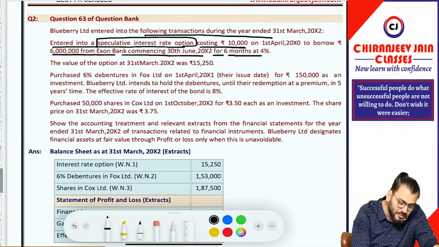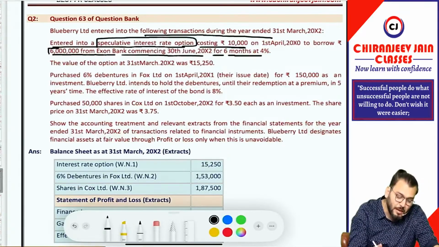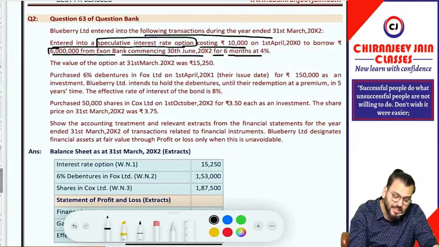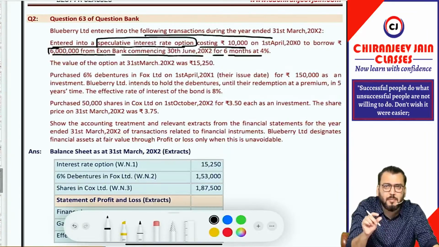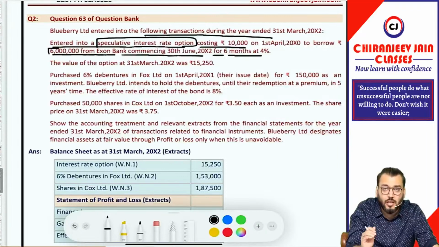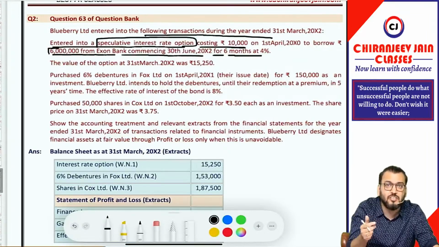The amount of loan and the rate of interest are not at all important. This is an interest rate swap, I will say it is an imaginary loan: the contract is for a loan but actually the loan has not been taken. If the interest rate increases or decreases, based on that the fair value of the derivative will increase or decrease.